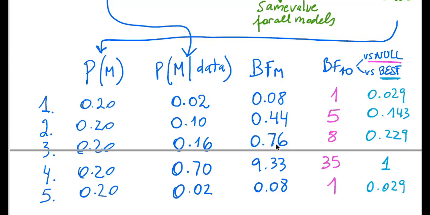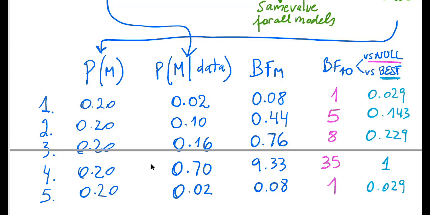Okay, so this 0.76 comes from, again, 0.20 divided by 0.80, that's 0.25, and then we do 0.16 divided by the rest, which should be 0.84, and that value is divided by 0.25, and that's 0.76. So again, it went down.